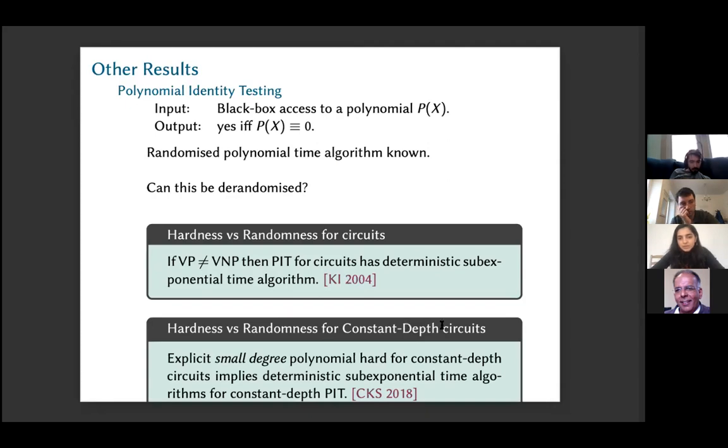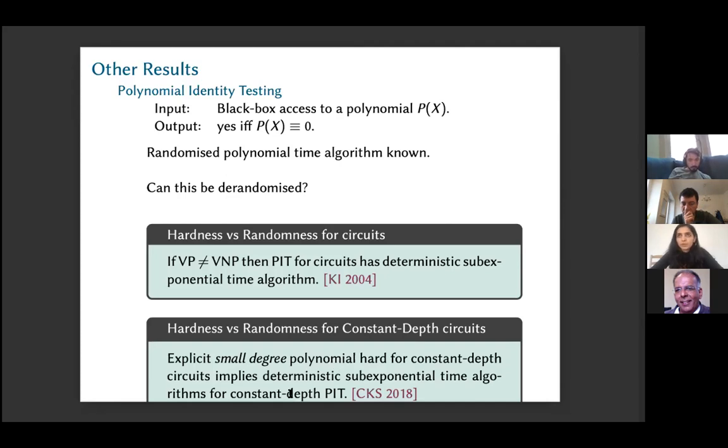There is a constant depth version of the same statement known. So what does it say? If you are able to show hardness for constant depth circuits, then you will be able to solve the polynomial identity testing question for this class of circuits efficiently.